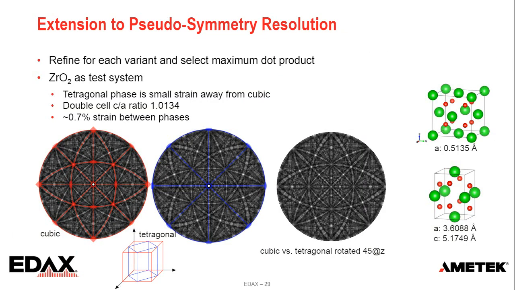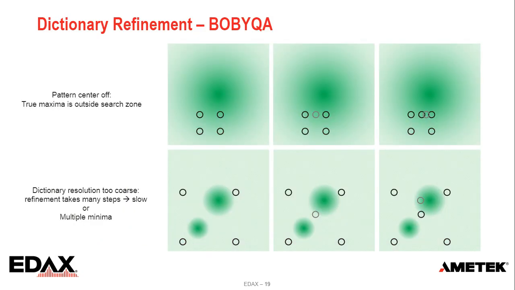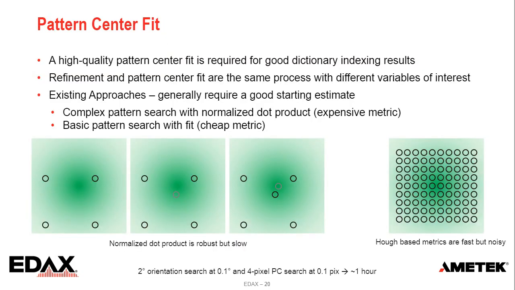So let me pull up the dictionary. The existing dictionary uses the Bokua algorithm, which is sort of at one extreme, a very minimal number of evaluations.